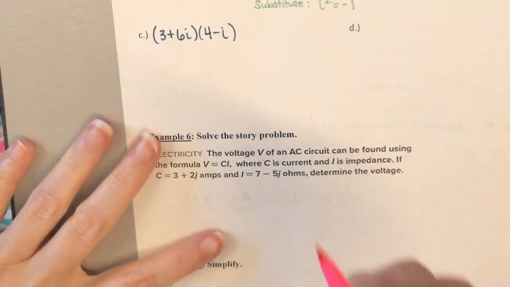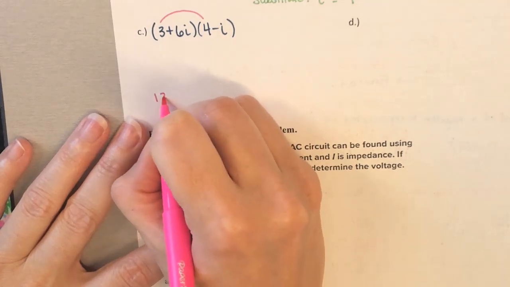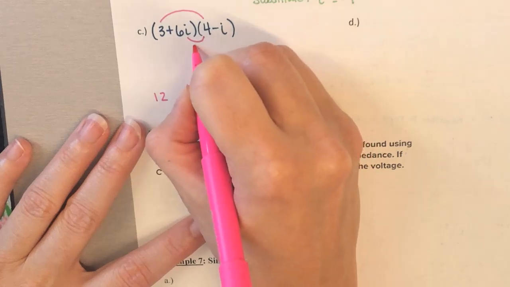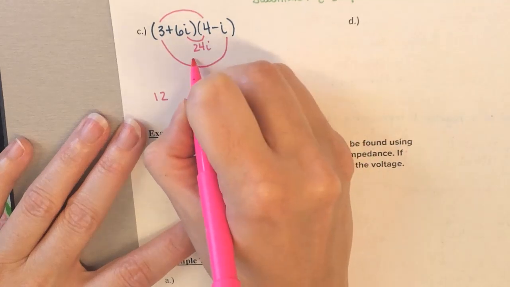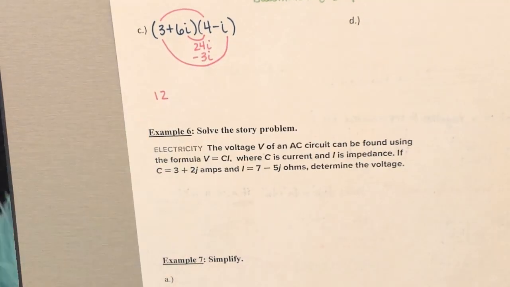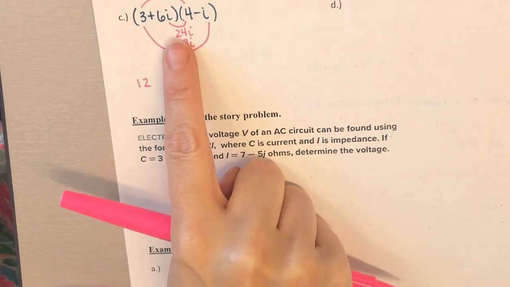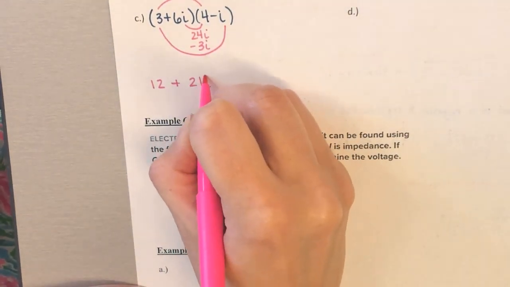Okay, so when I'm doing the FOIL, I always start with the first. 3 times 4 is 12. And then I think I showed you, I like doing this little nose here to do the inside. And I like doing this mouth, the 3 times negative i, to do the outside. Yeah, and one reason I like to do it in this form is so that I can just go straight down, because 24 minus 3 is 21, so I have the 21i.